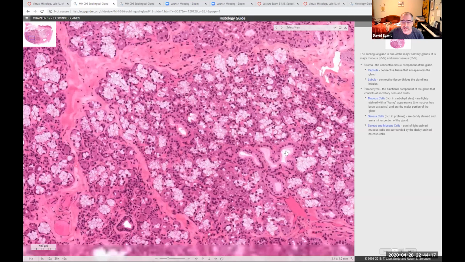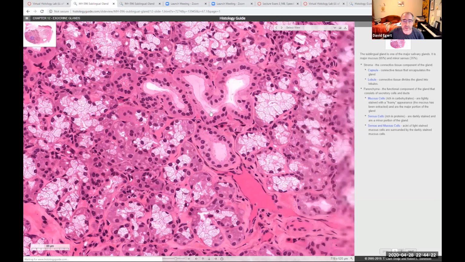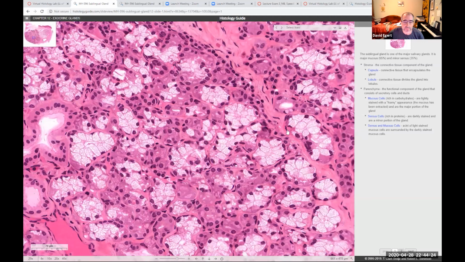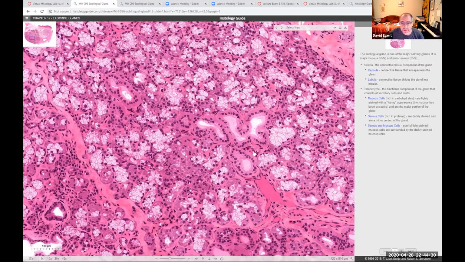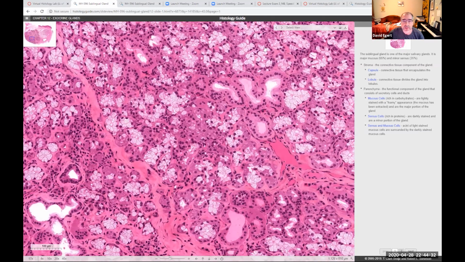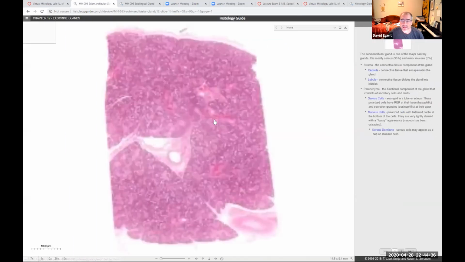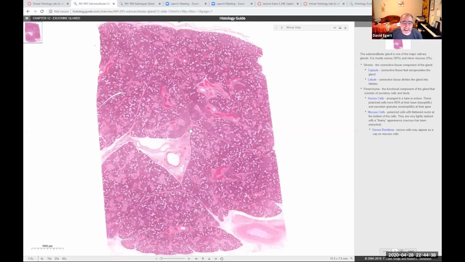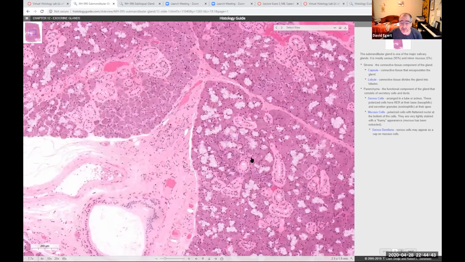as well as we can see lots of ducts made out of simple cuboidal epithelium. These are more serous demilunes here. When we get into the submandibular gland, I have prettier pictures of this.